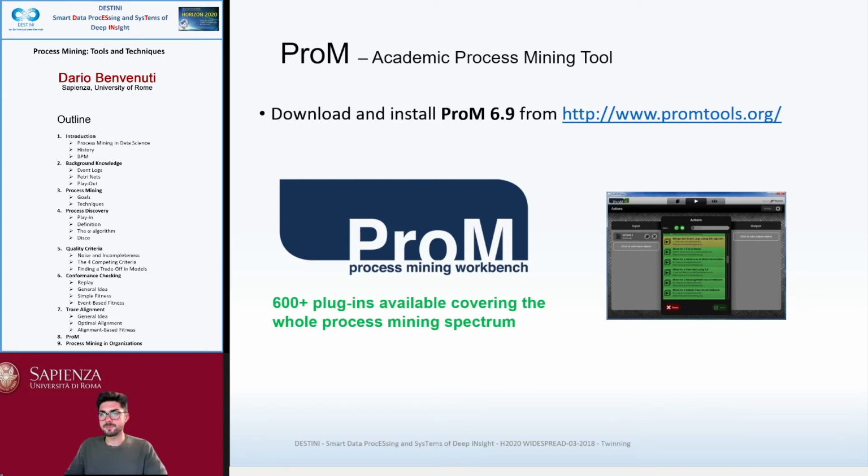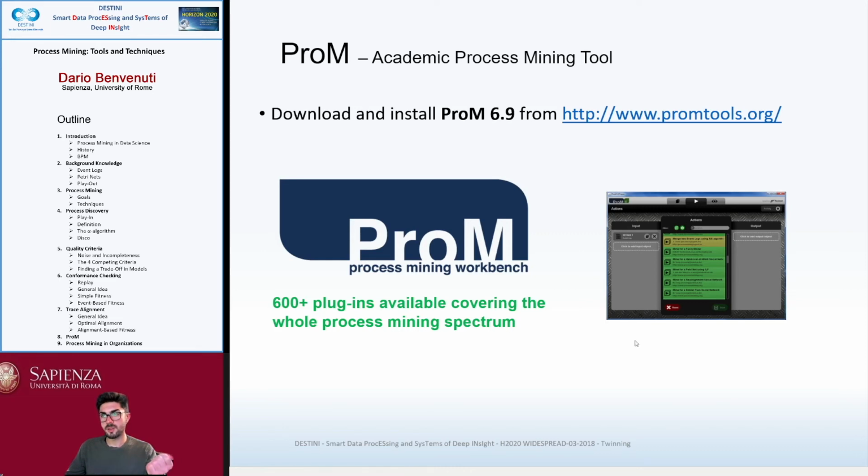And to perform, for example, trace alignment, and even all the other concepts that we saw, we can use ProM, which is a software tool that allows for applying all the possible techniques available in the process mining field. And now we will see its usage.